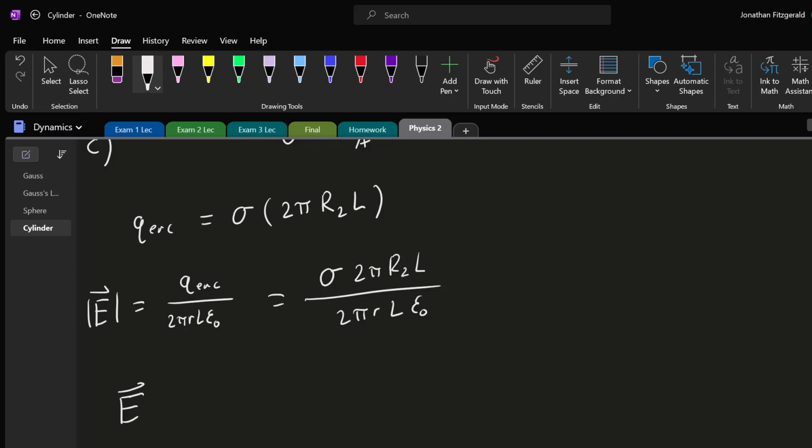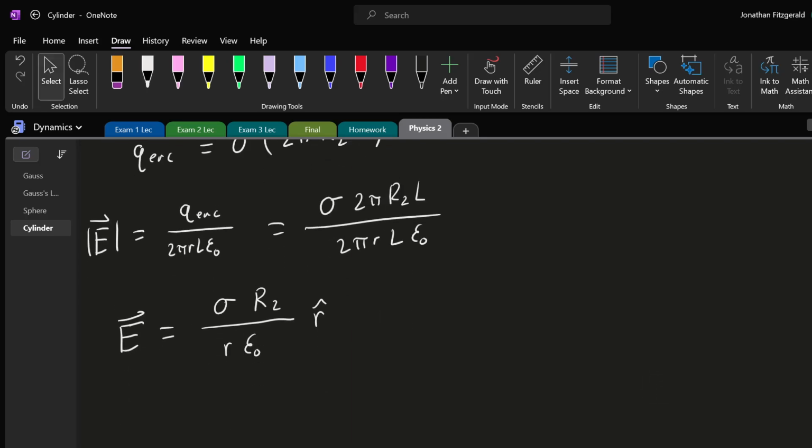Now our vector is just, 2 pi cancels out, L cancels out. So sigma R2 over r epsilon naught times r hat, because we got rid of the magnitude. And yeah, that looks right.